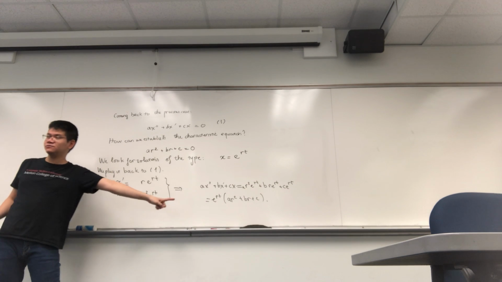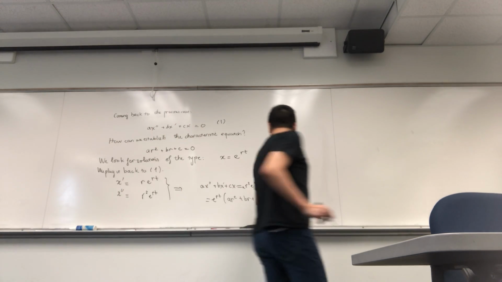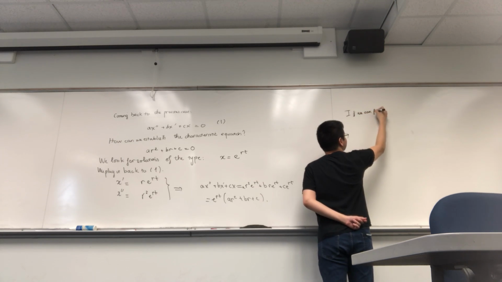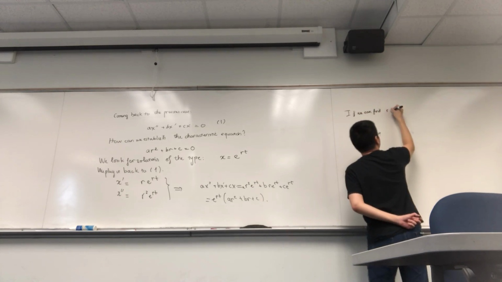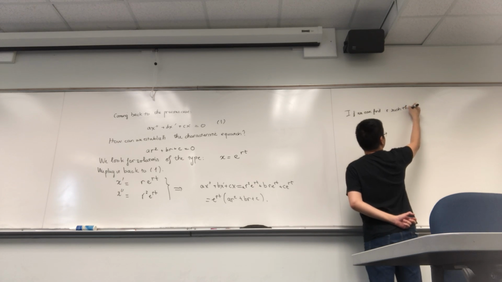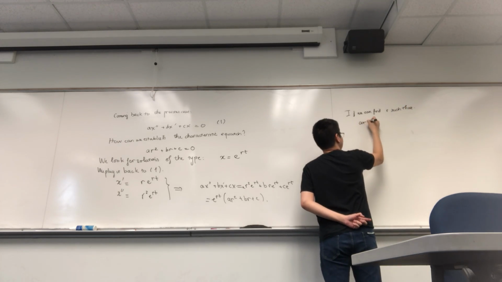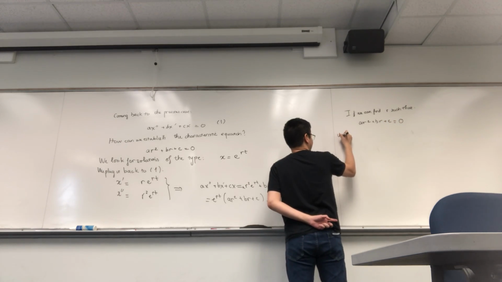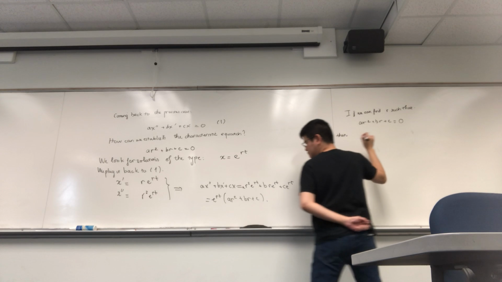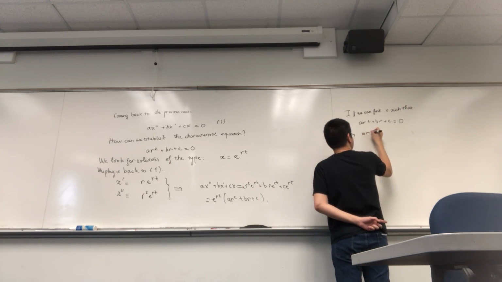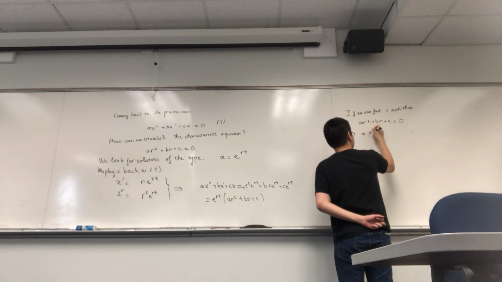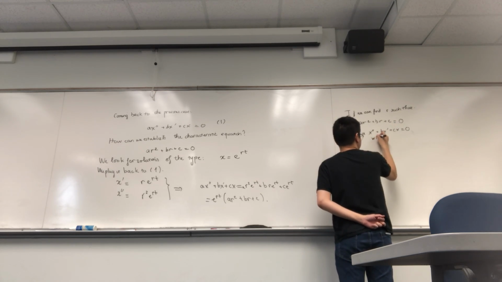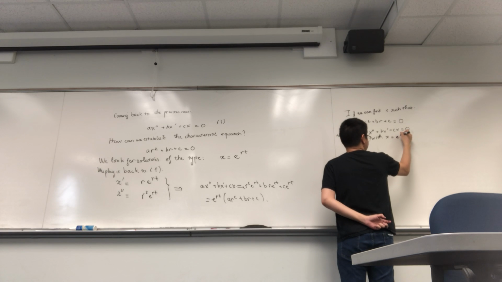This is the characteristic equation. So if we can find r such that ar squared plus br plus c is 0, then ax second plus bx prime plus cx is 0, with x equal to e to the rt.